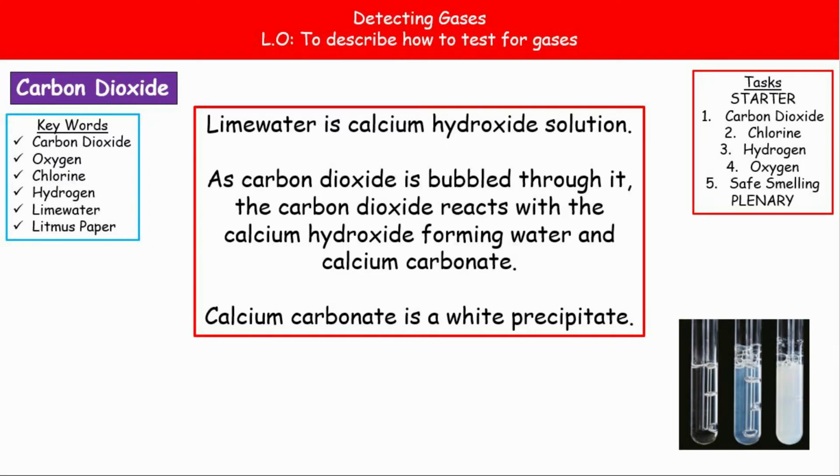It will make water and calcium carbonate. Now, calcium carbonate is a white precipitate, and hopefully we remember that a precipitate is an insoluble solid. So what we end up with are little bits of white solid floating around within the water we've made, and that is what gives it that cloudy appearance. So jot down those 3 sentences for me in your books.